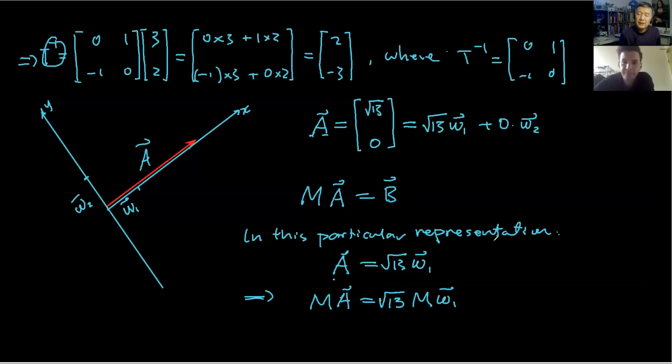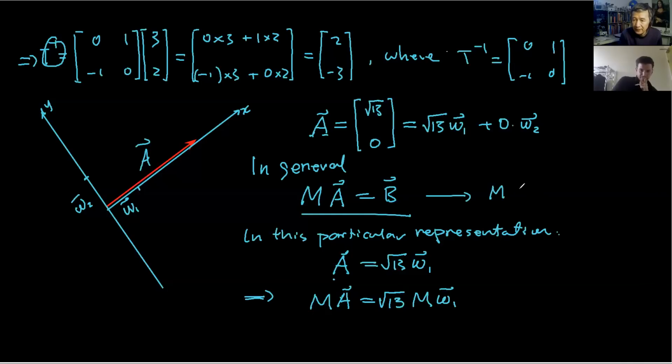So in general, if you arbitrarily choose any basis, we end up with this one, different vectors. But in the special case, we will end up with the matrix multiplied by the vector W1 equal to a number multiplied by W1.